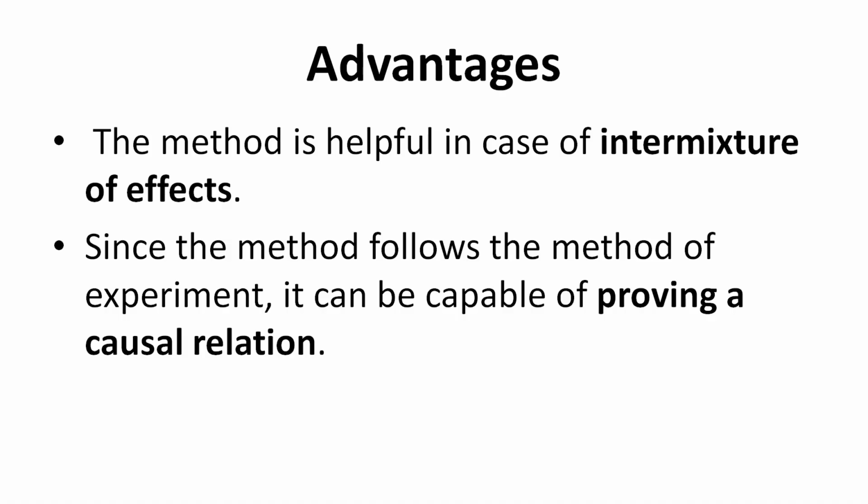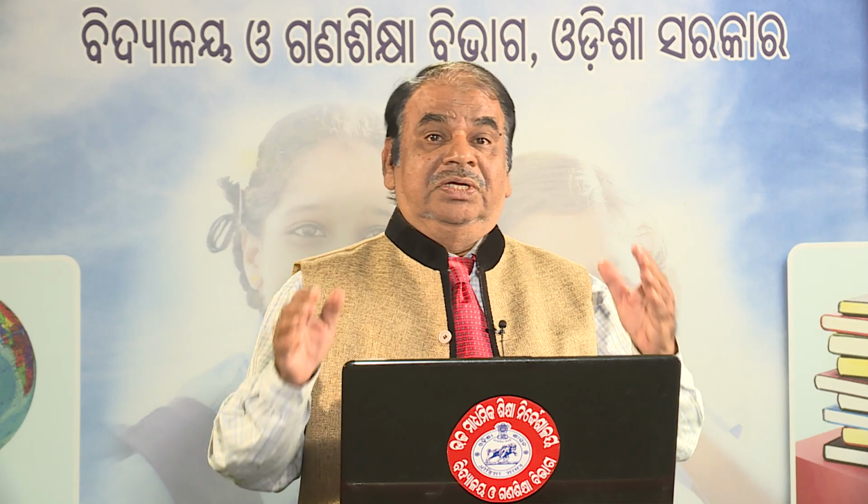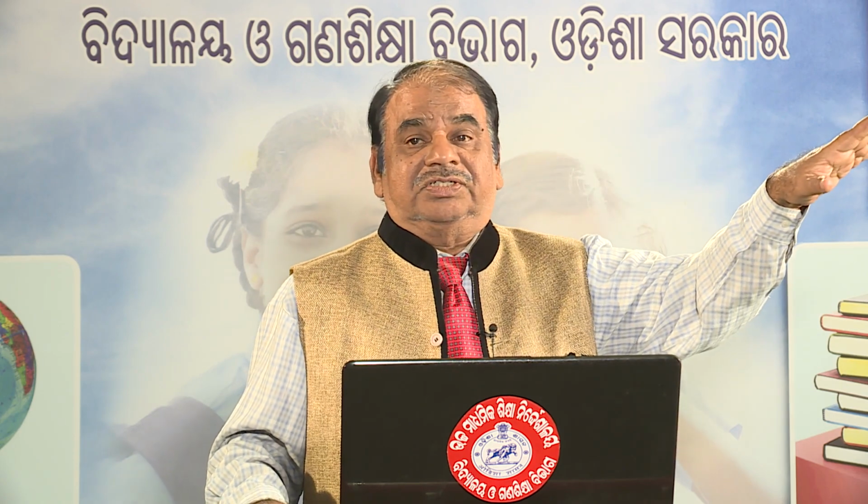Now, coming to the advantages, the method is helpful in case of intermixture of effects. Intermixture of effects was a defect for all the four other methods, but it is an advantage of this method, that you can drop some instruments and find out the effect of other instruments.